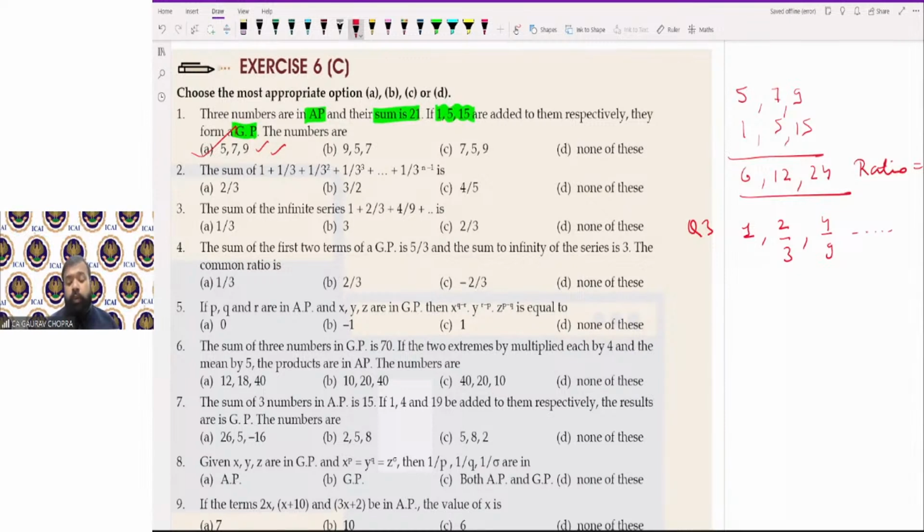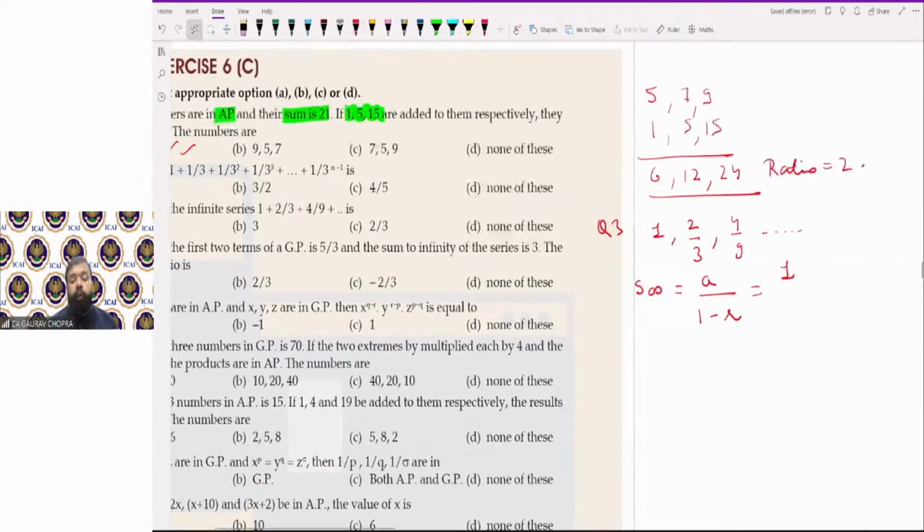Then you have to find the sum of this infinite series. So a upon 1 minus r. What is a? a is 1. Common ratio is 2/3 upon 1, that is 2/3. So let's simplify and get the answer.